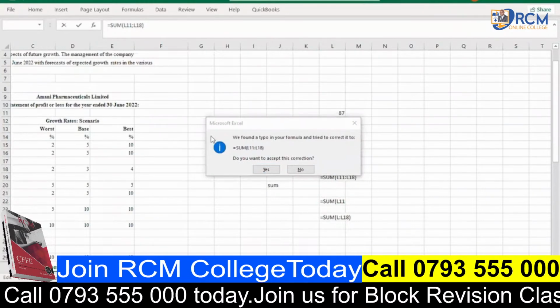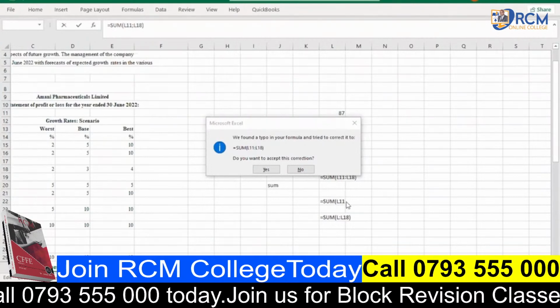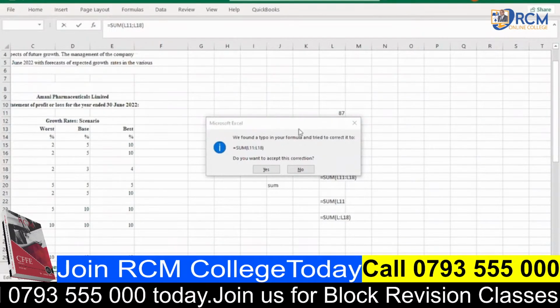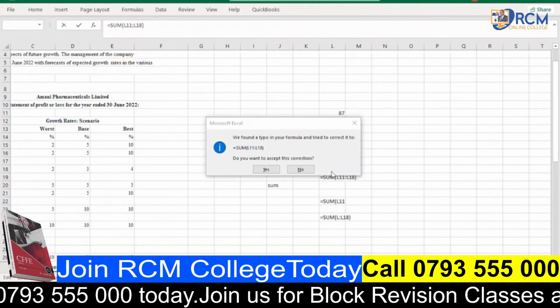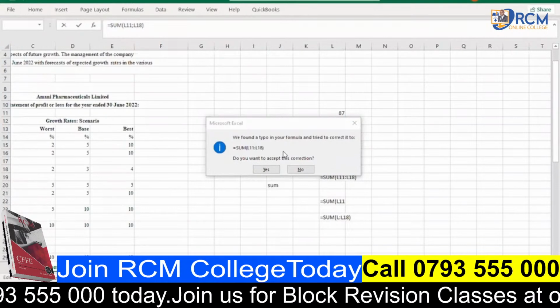50%. So as you can see, the second choice here is wrong because Excel is also telling you it is wrong and it is ready to rectify that. It wants to take it to the correct one. Just see the suggested correct.